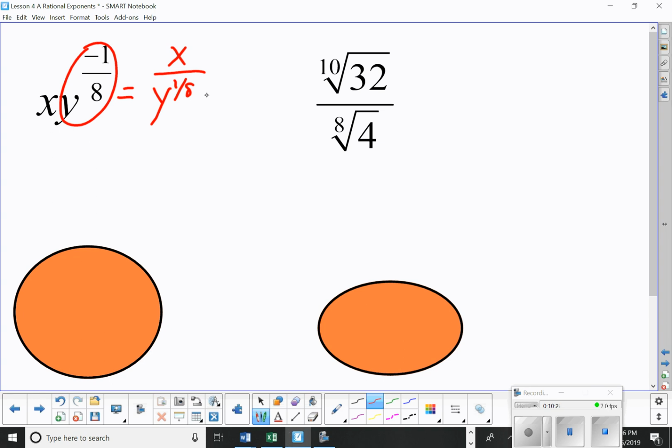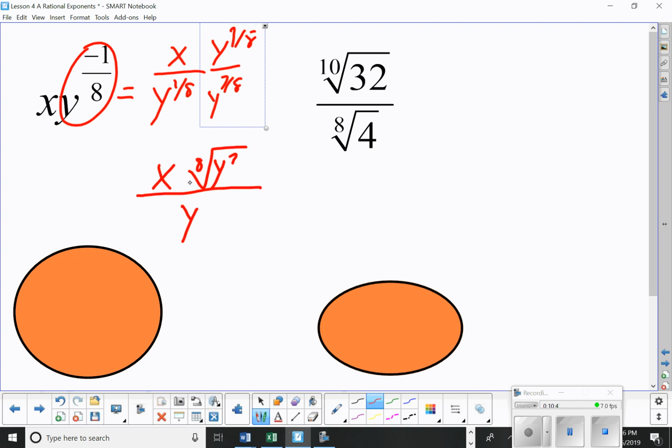No. So I need y to the 7/8 in the denominator, y to the 7/8 in the numerator. Now, x times the 8th root of y to the 7th, all over y. 1/8 plus 7/8 is 8/8.